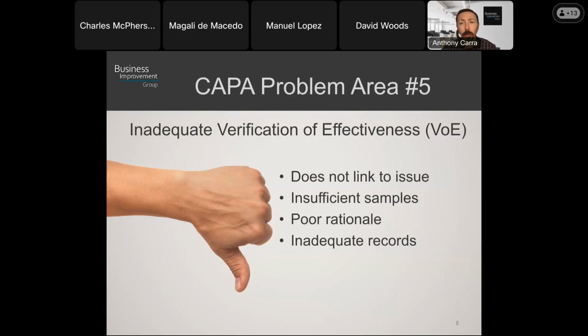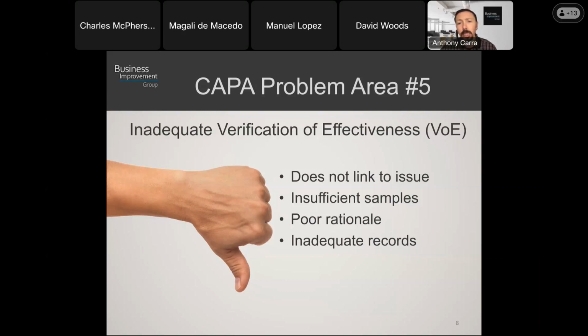You may find that multiple solutions together as a system are required to eliminate or reduce the problem from reoccurring, and that's the effectiveness that you want to demonstrate. So you want to focus a little bit more on the issue statement, on demonstrating that your problem solving was effective in reducing the occurrence of the issue.